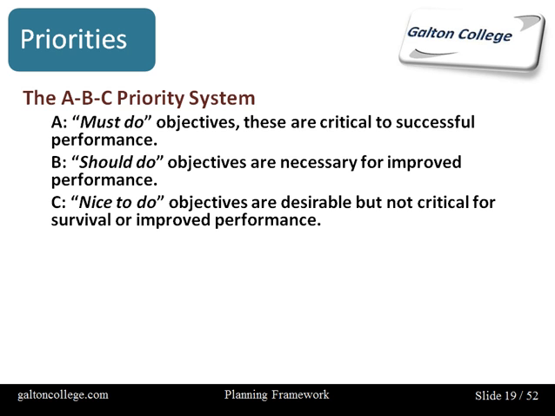And C is nice to do. Objectives that are desirable but not critical for survival or improved performance. It would be nice to have them in place, but they are not actually critical. So priorities, within the ABC priority system, are must do, should do, and nice to do. Must do being obviously the more important one.